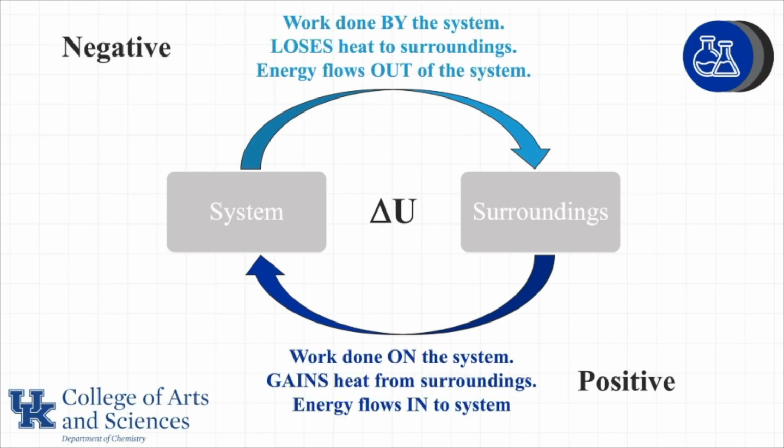Putting this all together, we see that we have negative values of work when it's done by the system, when it loses heat to the surroundings, and when there's a net flow of energy out of the system. And we can have a net flow of energy out of the system even if both values are not negative. We can have one positive and one negative, and then it depends on the magnitude of those values. For positive values, we see work done on the system, heat being gained from the surroundings by the system, or a net flow of energy into the system.